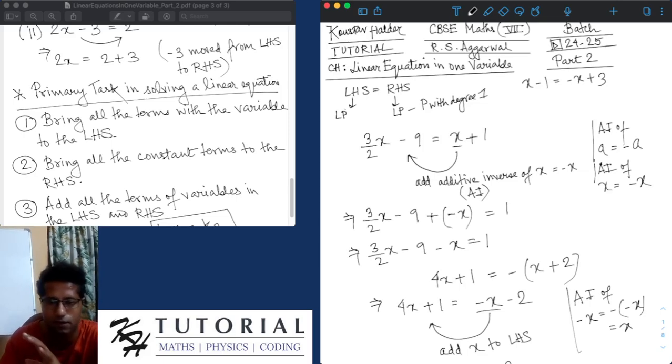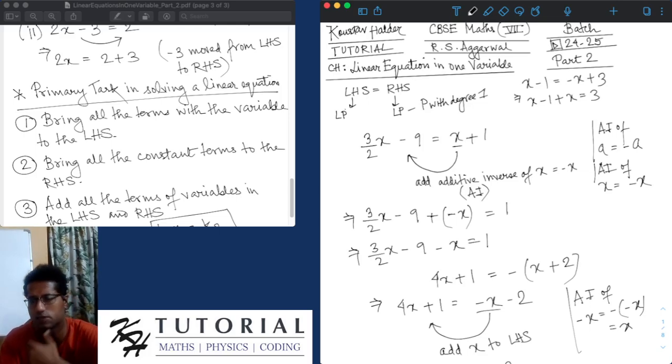You bring all the variable terms to the left hand side. By doing so, I get x minus 1 plus x equals 3. So I moved the minus x term from the RHS to the LHS.